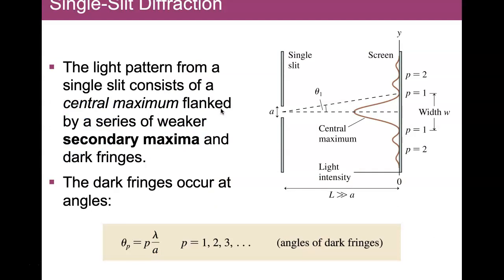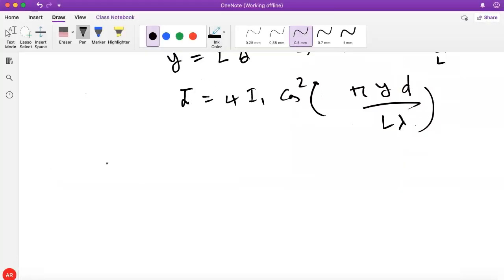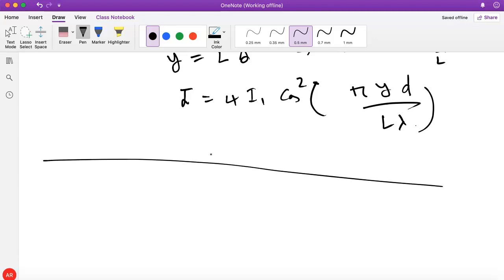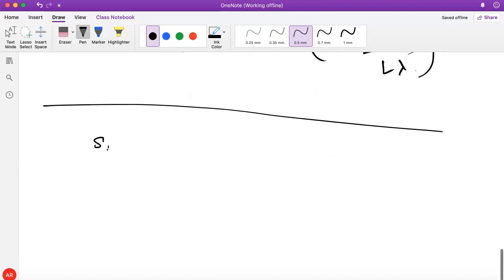Okay, so we have this way of identifying the positions of the dark fringes using this kind of trick, breaking up all these waves into pairs, a distance a over 2 apart from each other. So let's think about the positions of the single dark fringes.